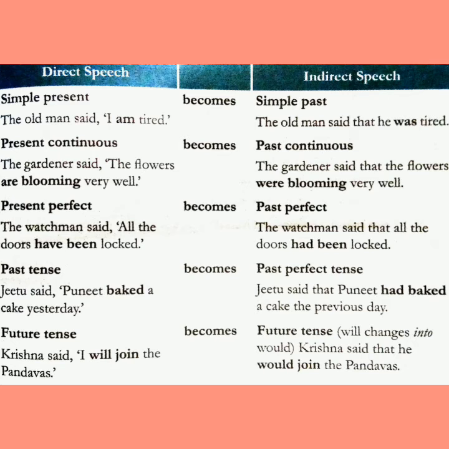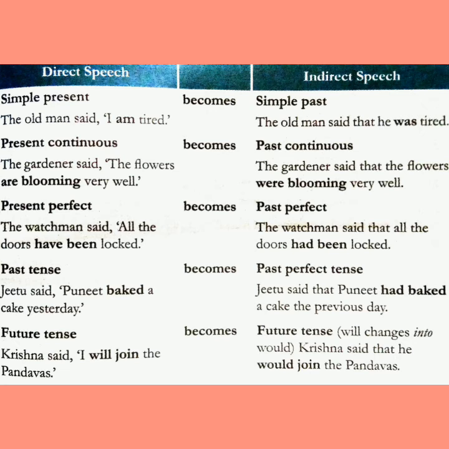The old man said, "I am tired," will change to: The old man said that he was tired. If it is present continuous tense, like "The flowers are blooming very well," it will change to: The gardener says that the flowers were blooming very well.